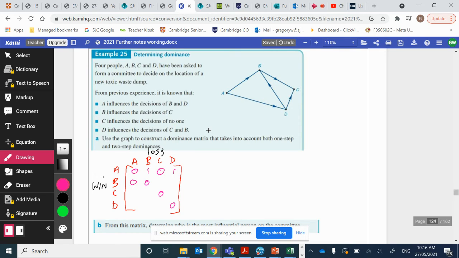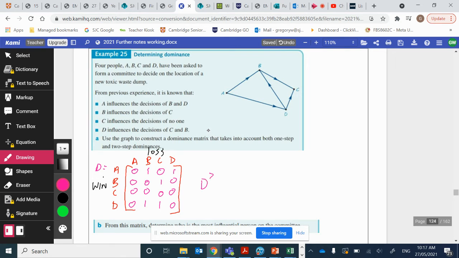Then we have 0 and 0. B goes to C, so we have a 1 there. C goes to A, nope. C goes to B, nope. C goes to D, no. And then we have D, 0, 0. Oh no, we've got a 1 there, don't we? And then D goes to C, yep, and a 0. So that is our, we'll just call that D.